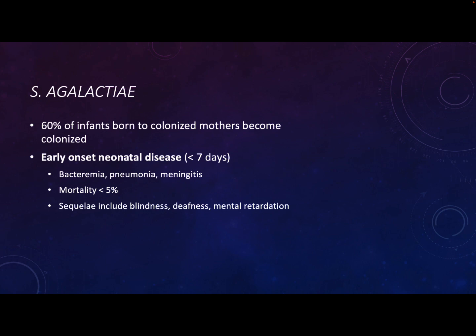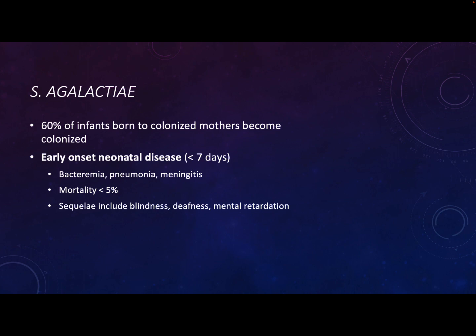When infants develop symptoms within 7 days of birth, that's called early onset neonatal disease. It can be bacteremia, so bacteria in the bloodstream, pneumonia, or meningitis. The mortality rate can hover around 5%, so about 5% of infants who develop early onset disease will die.